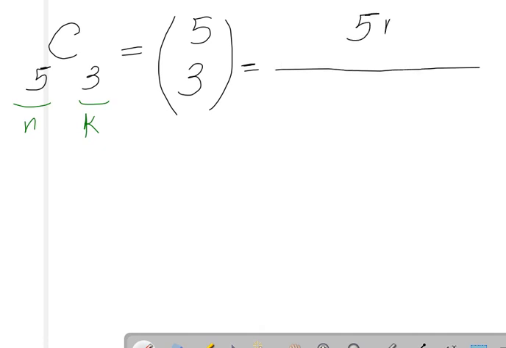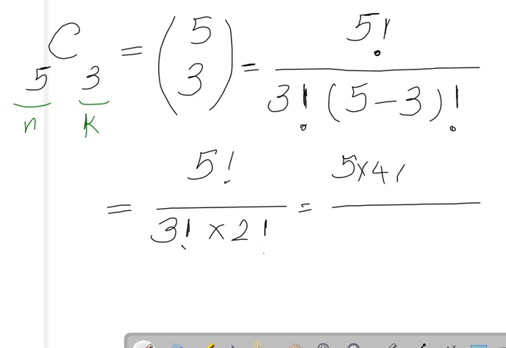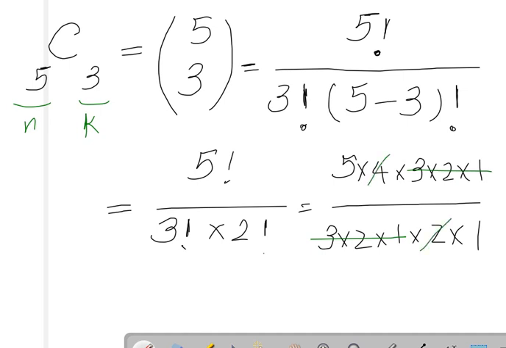It's n factorial over k factorial, oh sorry, k is 3 here, 3 factorial, and 5 minus 3 factorial, it's 5 factorial over 3 factorial times 2 factorial, and this one is 2, so the result is 10.